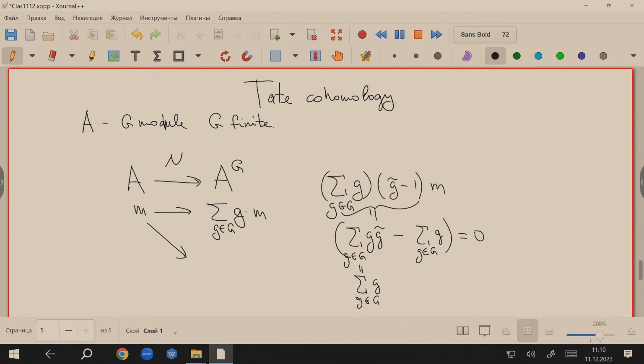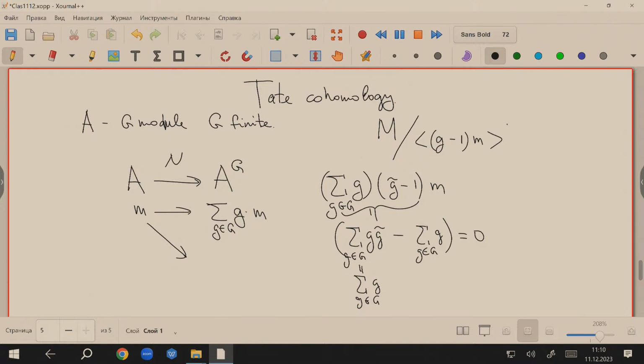kernel. And here you have (g minus 1)m, the module that is generated. So in order to write down the coinvariants, you are taking M and factorizing it by the submodule generated by (g minus 1) times m, and you see that this norm map is trivial on this submodule.